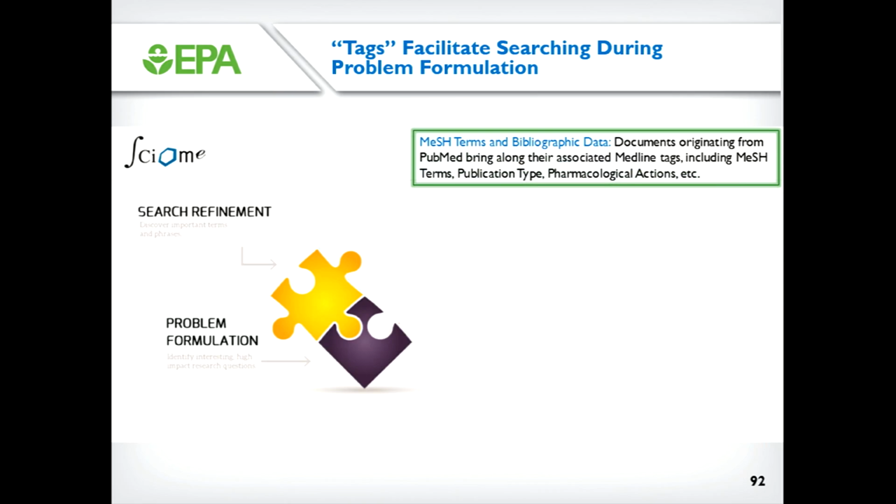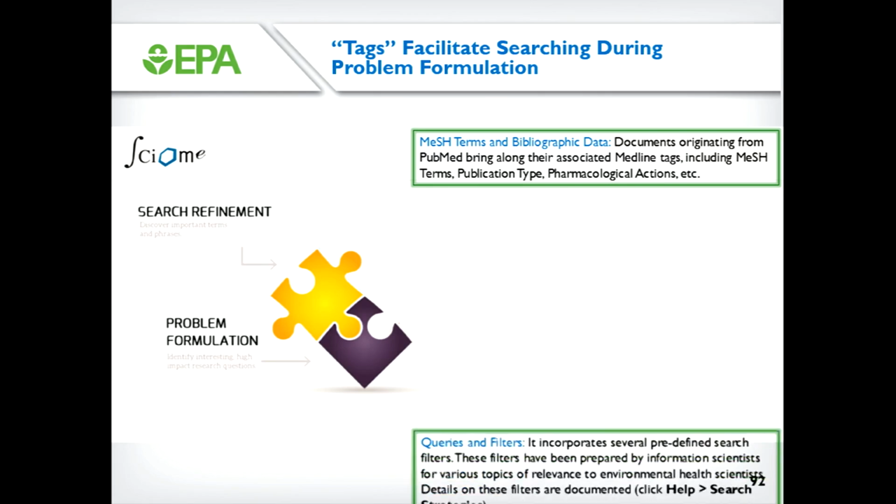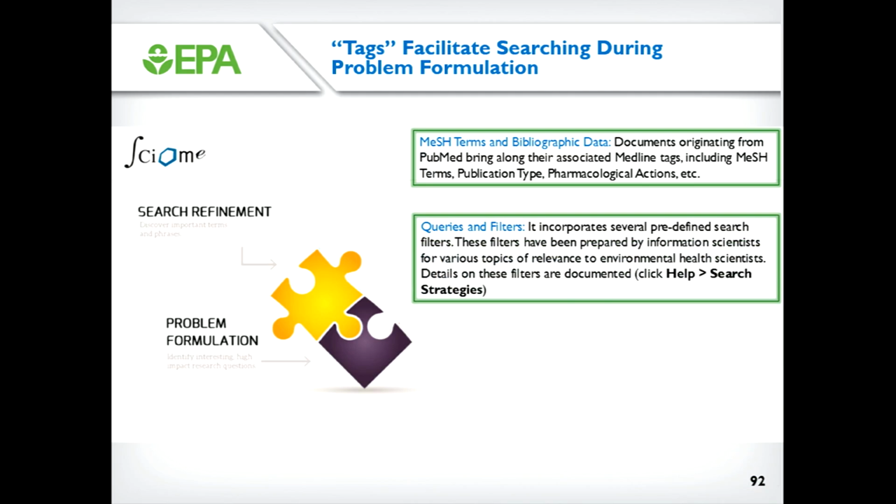These tags can be assigned either by MeSH terms or your bibliographic data. So for example, if you're bringing in from PubMed, along with that come the associated MEDLINE tags, including your MeSH terms, publication type, and pharmacological actions. You also have queries and filters that incorporate several of the defined search filters.